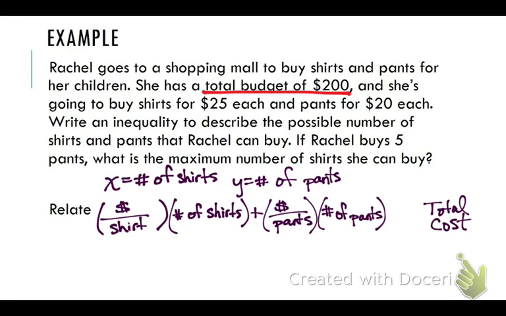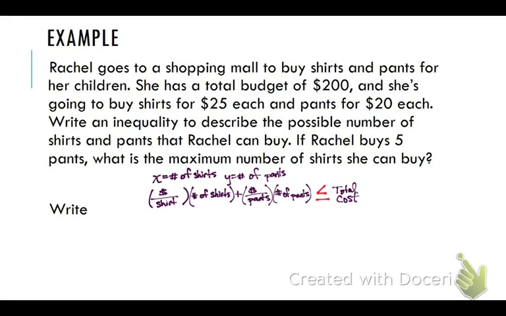If you have a budget of so many dollars, does that mean you have that exact amount of dollars to spend? This is going to be less than or equal to. When you have the word budget, you can go less than or equal to, but you can't go any more above.